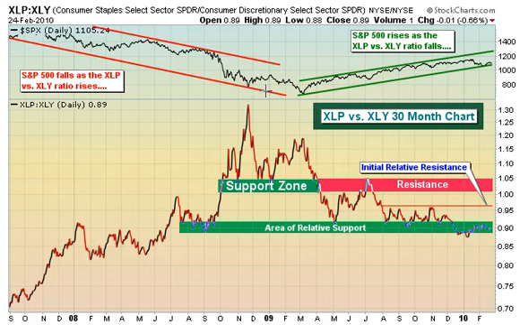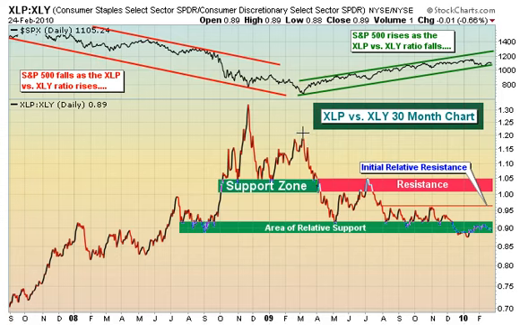We actually saw prices move lower on the S&P, but this ratio also came down. So it was starting to give us an early signal that money was no longer flowing to the XLP, or the consumer staples sector, to the detriment of the consumer discretionary group.